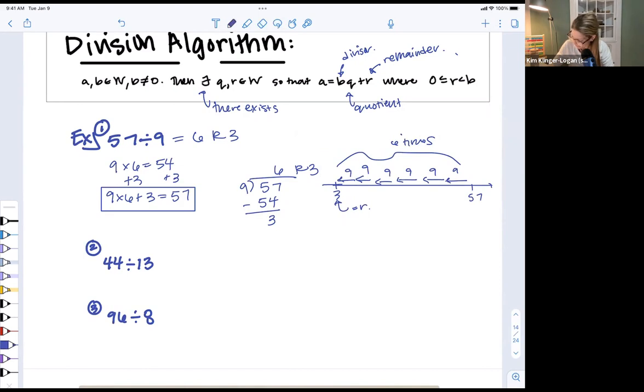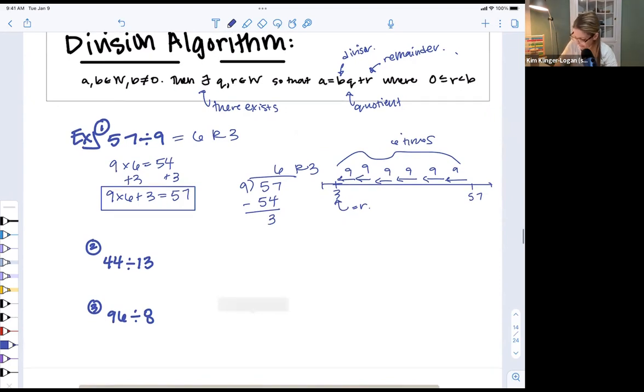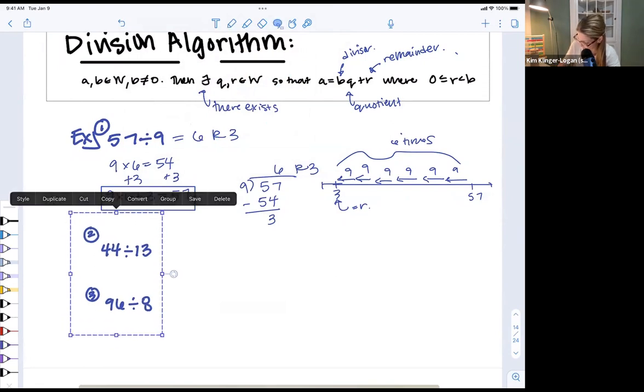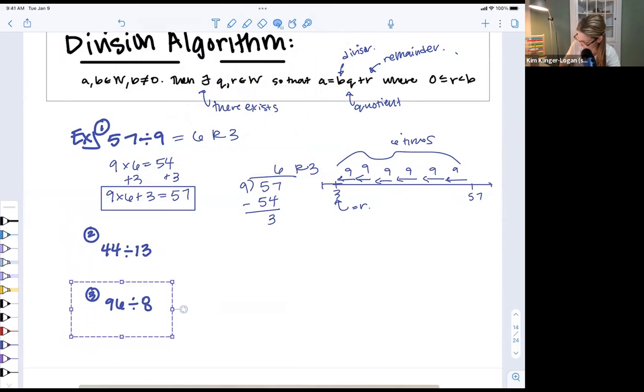Okay, so a couple other examples just to make sure this is solidifying. If I take 44 divided by 13, I want to ask myself how many times 13 goes into 44. I notice that 13 times 3 is equal to 39.